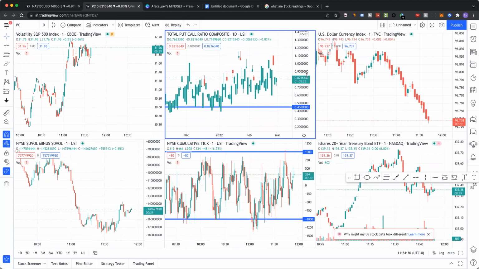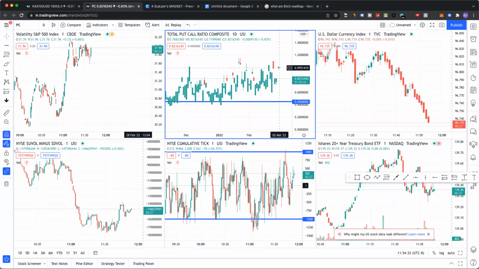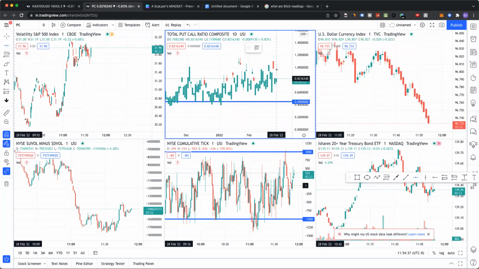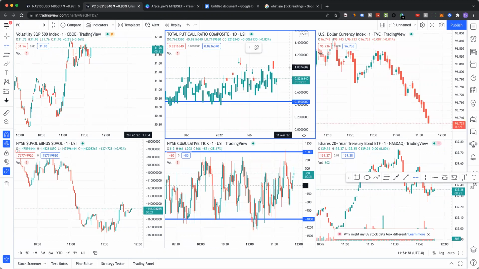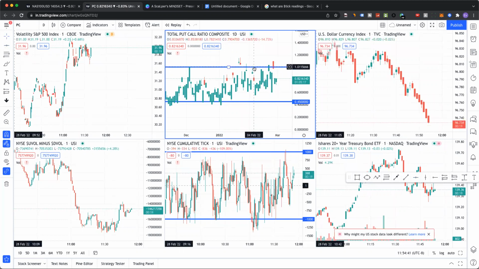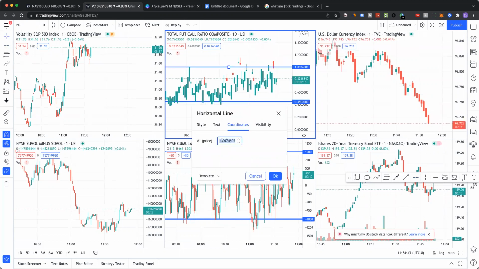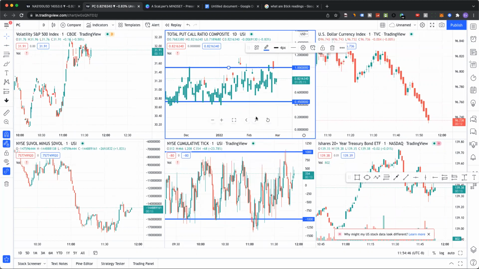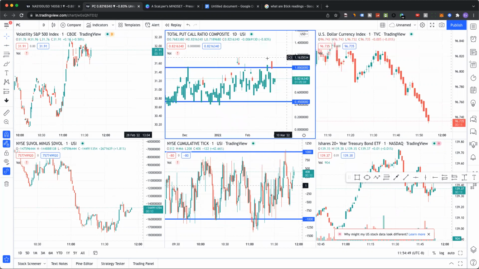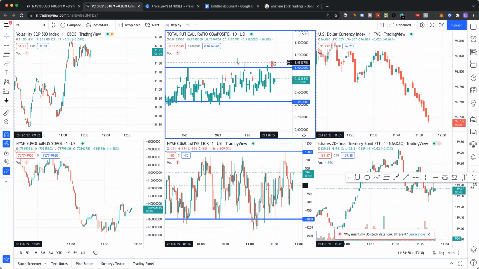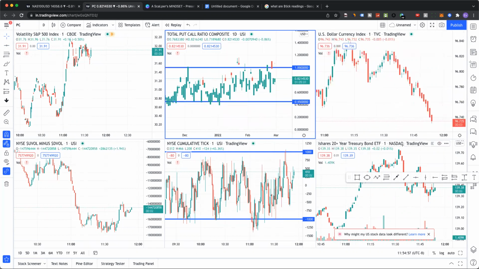Okay, so if we see anything above the 1, let me just add that in there real quick. Okay, so anything above the 1, we're going to be looking for buying opportunities. Anything below 0.45, we're going to be looking for selling opportunities.